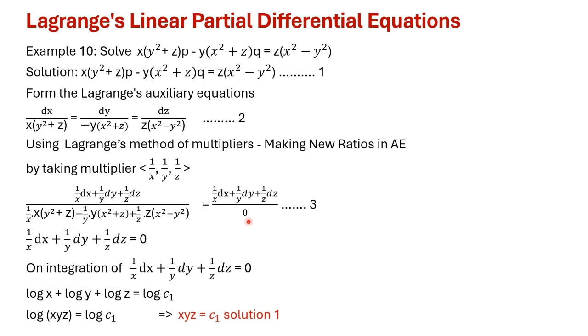So when the denominator is 0, then we get this expression: 0 is equal to 1 by x dx plus 1 by y dy plus 1 by z dz, is equal to 0.